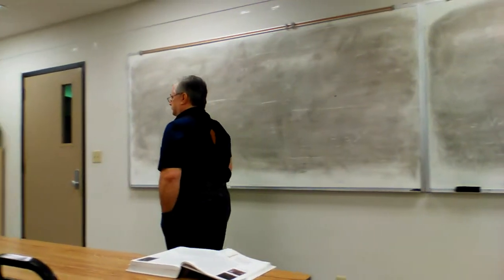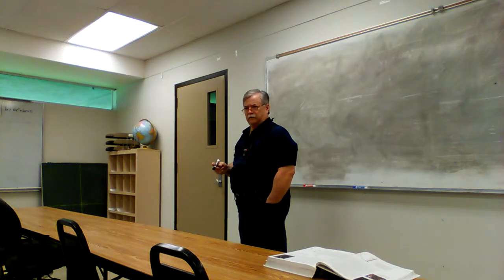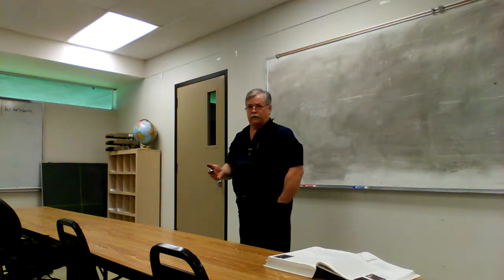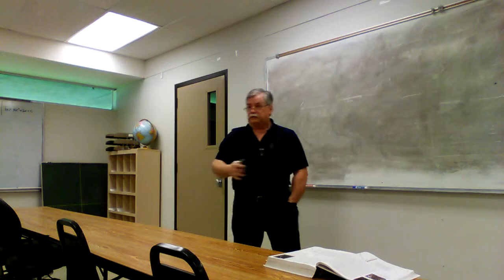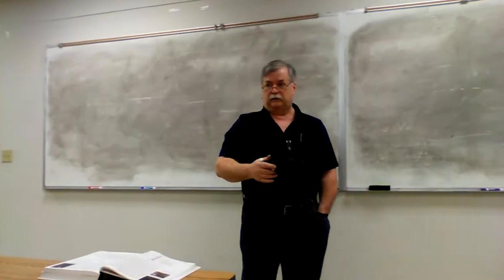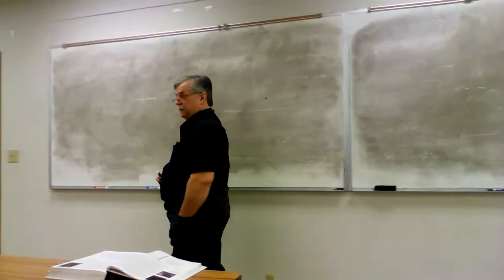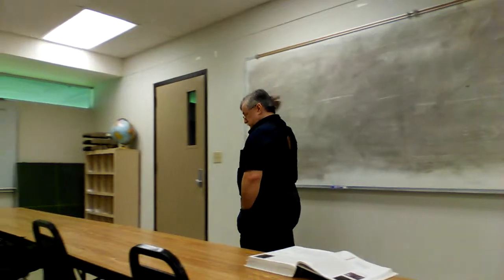We haven't really covered the laws of motion yet, but I'm sure you've all heard that a body in motion tends to stay in motion unless acted upon by an outside force. And a body at rest will stay at rest unless acted upon by an outside force.